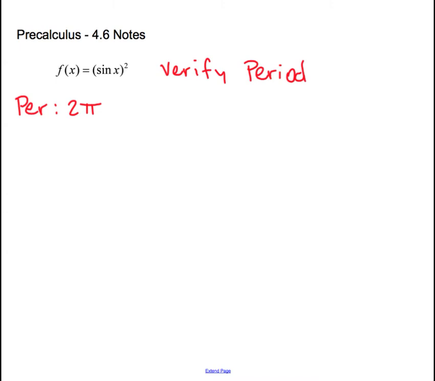So the fun thing about this is we can look at just the sine of x.